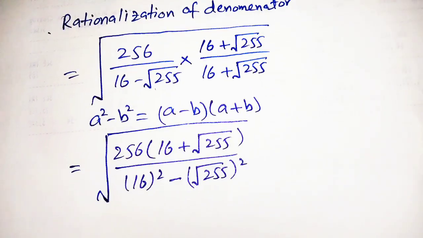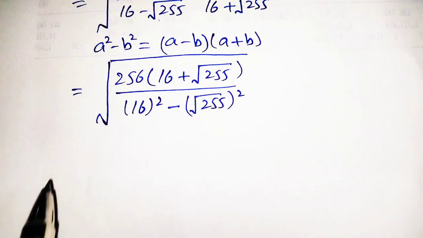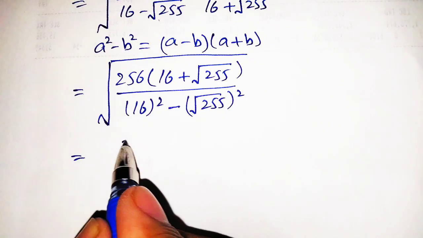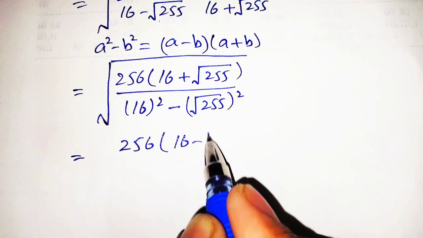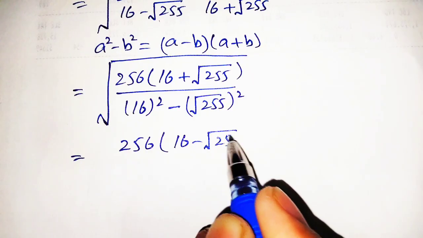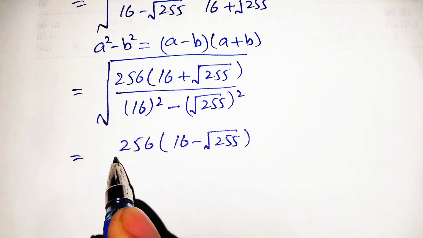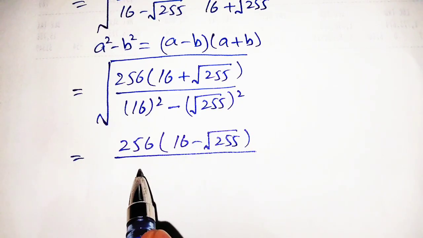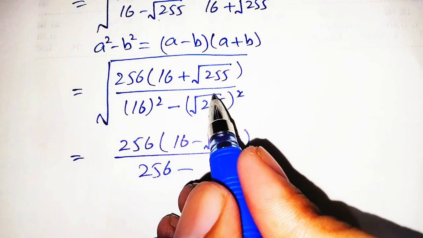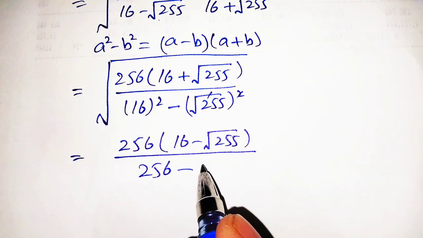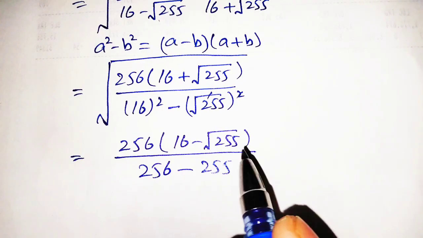Now again simplifying this, we will get 256 times 16 plus square root of 255 divided by 16 square, which is 256 minus this square will cancel out with this square root, and we will get 255 here.